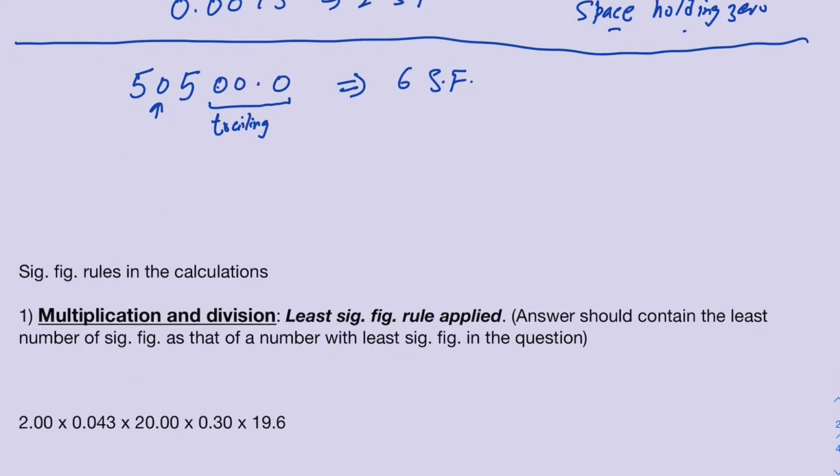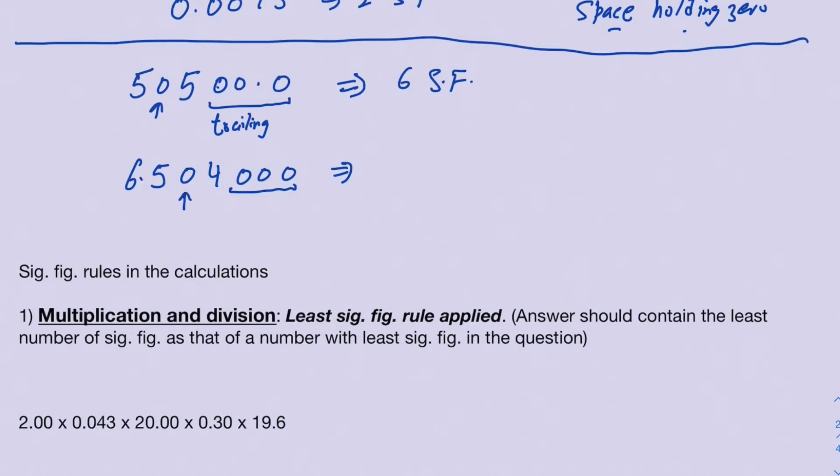Okay, what if you have something like 6.504000? How many sig figs in this case? Obviously all the non-zero digits count as sig figs. The zero between 5 and 4 counts because it's between non-zero digits. Now these last three zeros are your trailing zeros, and they are after the decimal, so a decimal is involved in the number.